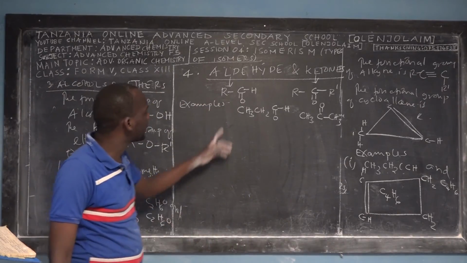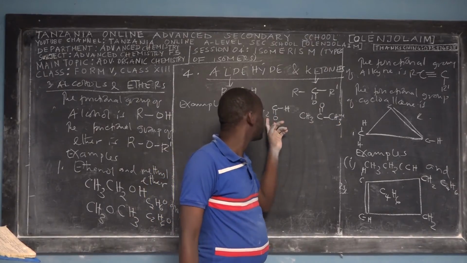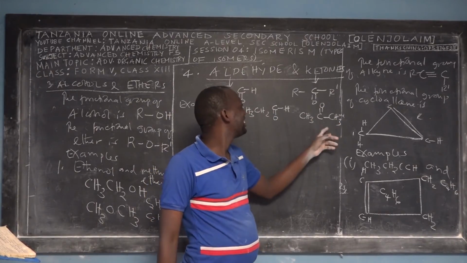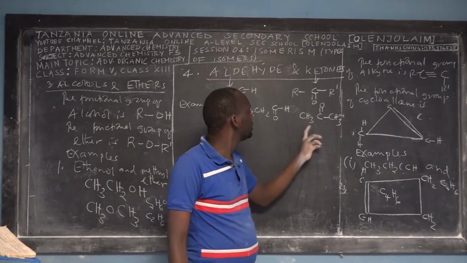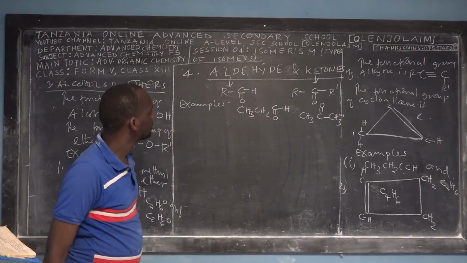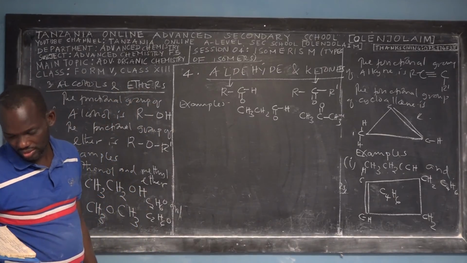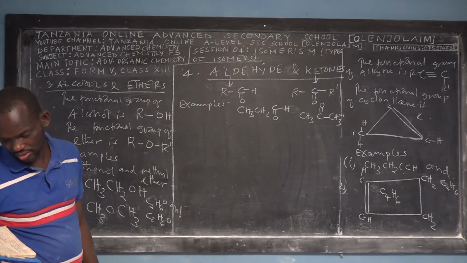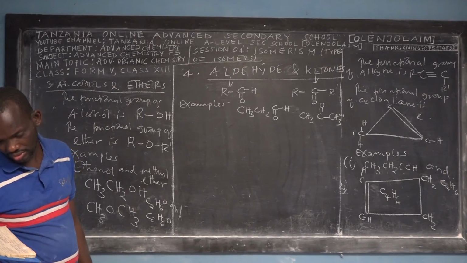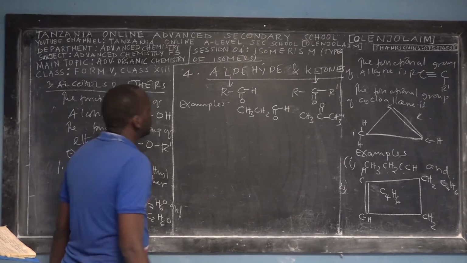How many carbons? 3 carbons, 6 hydrogens, 1 oxygen. 3 carbons, 6 hydrogens, 1 oxygen. So that is aldehyde and ketone.